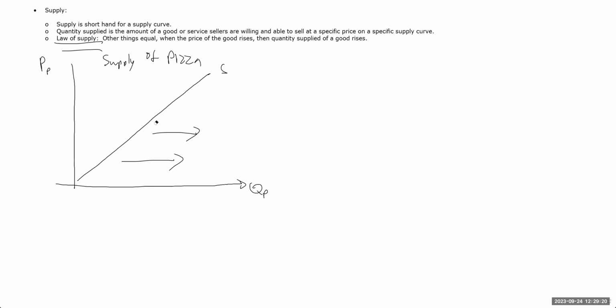Now, with all that said, okay, point here, A, has this P star. This right here, QPS, this is quantity supplied, okay?